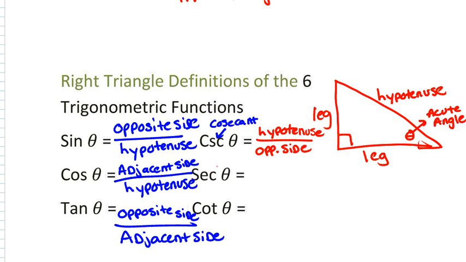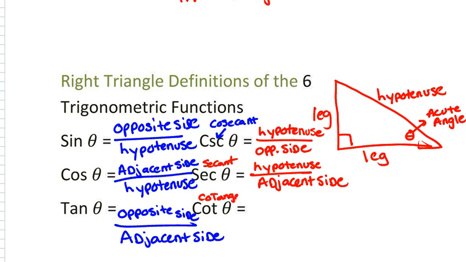Likewise, the secant, S-C-A-N-T, of an angle is just the reciprocal of the cosine. So you have the hypotenuse over the adjacent side. And the reciprocal of the tangent is what's called the cotangent. And instead of opposite over adjacent, it's adjacent over opposite.